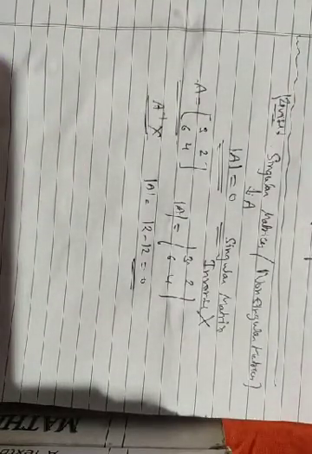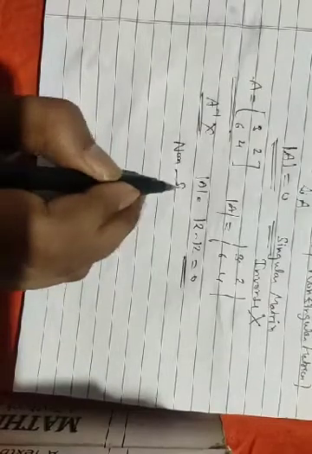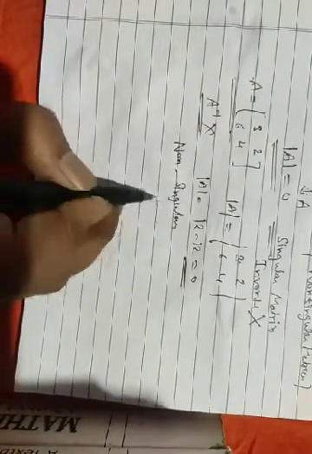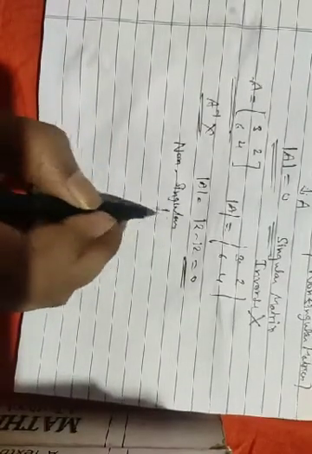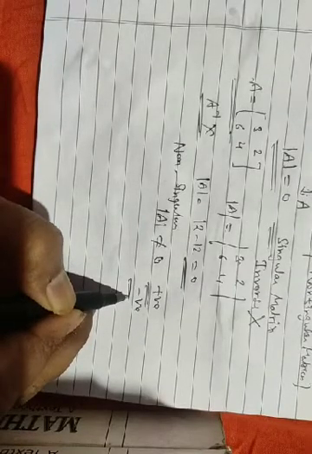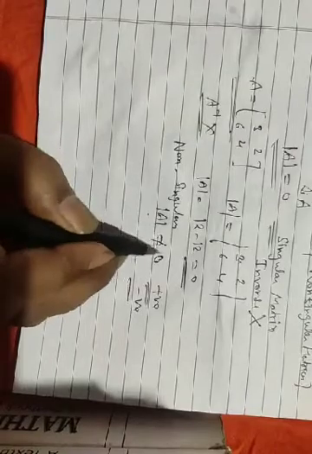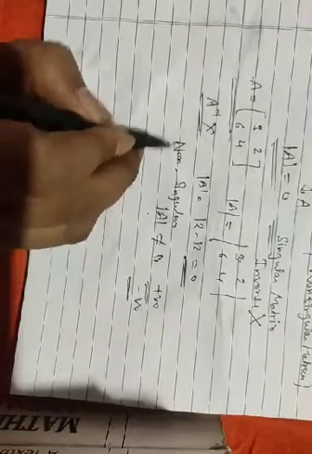And similarly, to show what a non-singular matrix is: when a matrix is non-singular, its determinant value cannot be equal to 0. It may be positive or negative. When we find any determinant that may be positive or negative, we say that this matrix is non-singular.